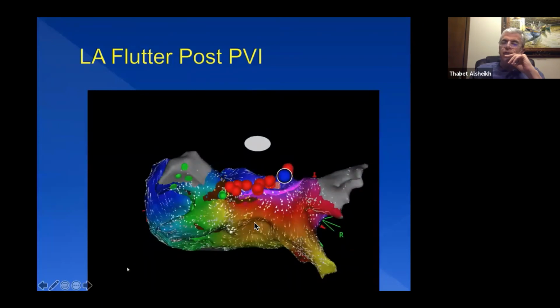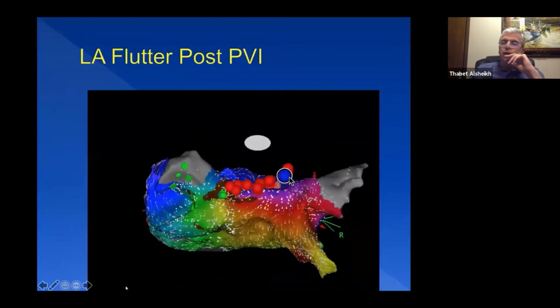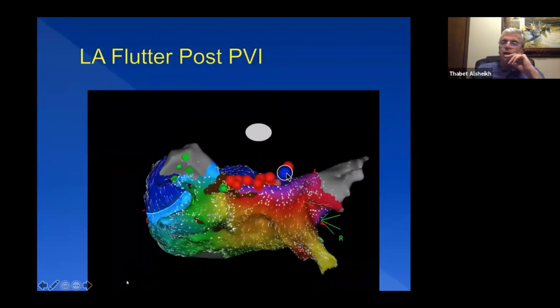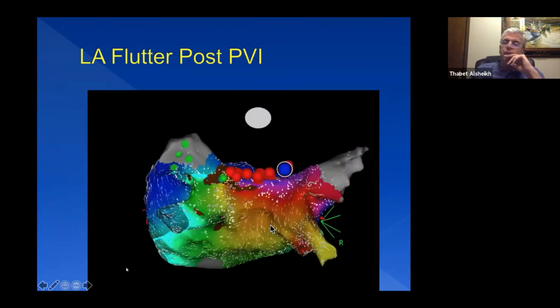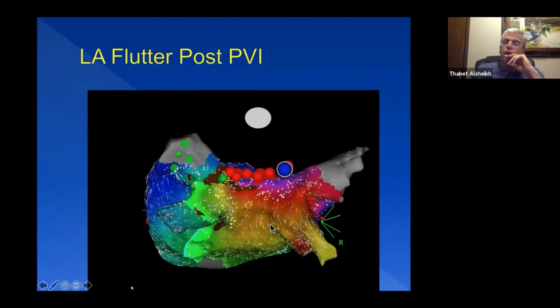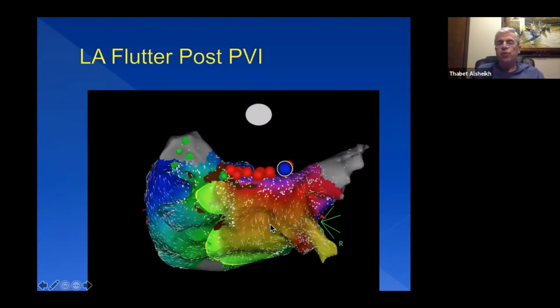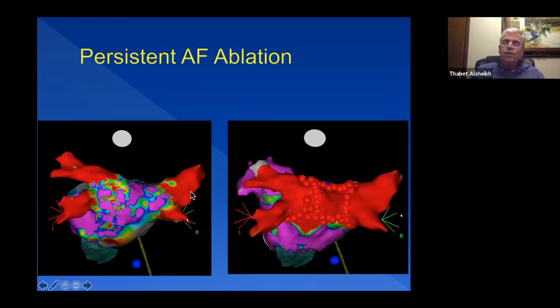To stay away from the esophagus, we put the line anteriorly. And as we complete that line with this blue dot here, we terminated the re-entry or the flutter. This flutter is in the left atrium, and it's not typical, and it's related to our prior ablation lesions we created.